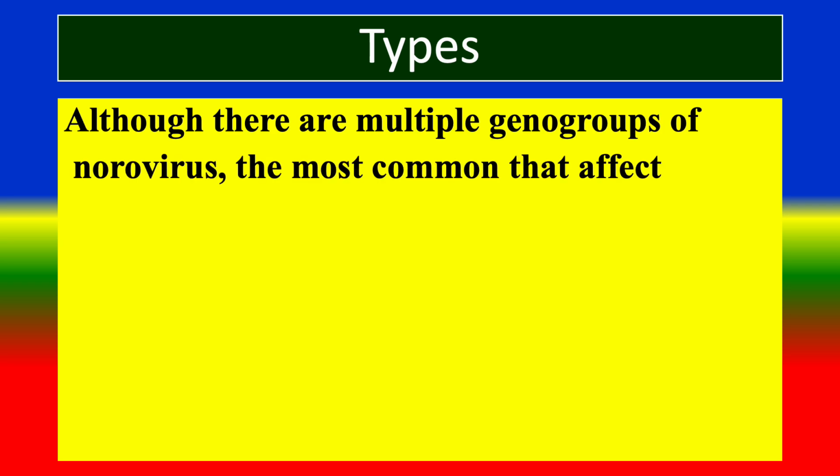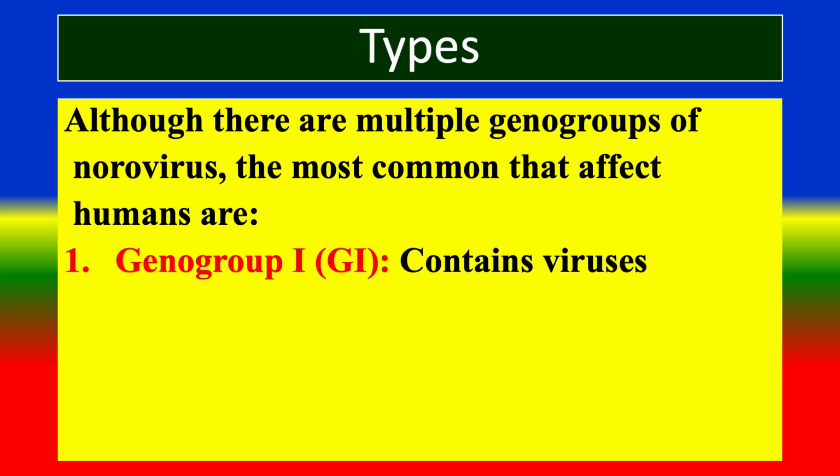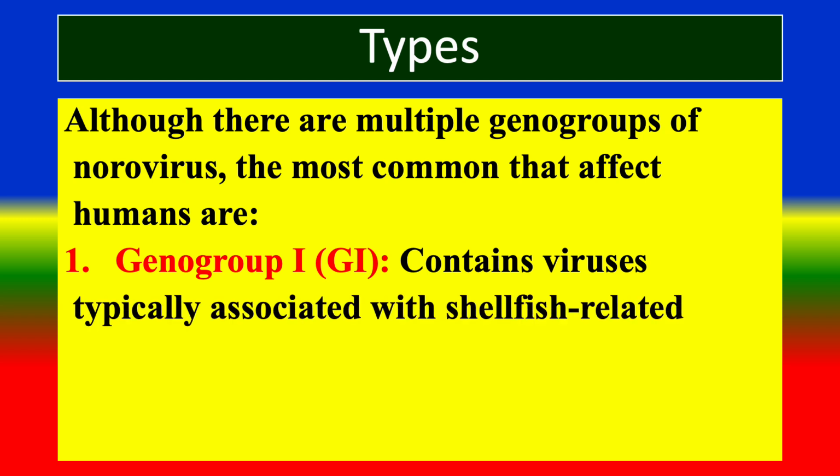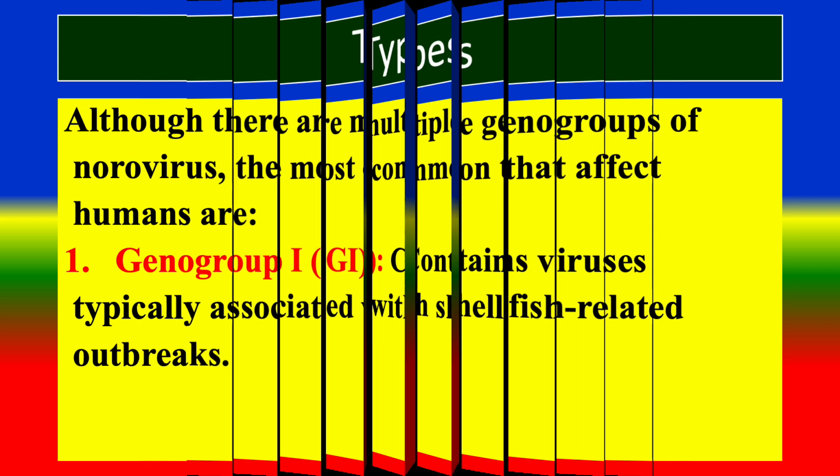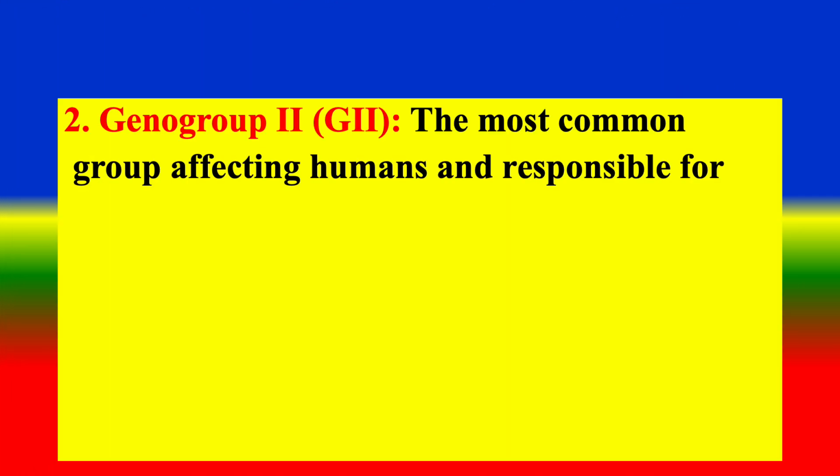Types. Although there are multiple genogroups of norovirus, the most common that affect humans are: 1. Genogroup 1, GI, contains viruses typically associated with shellfish-related outbreaks. 2.